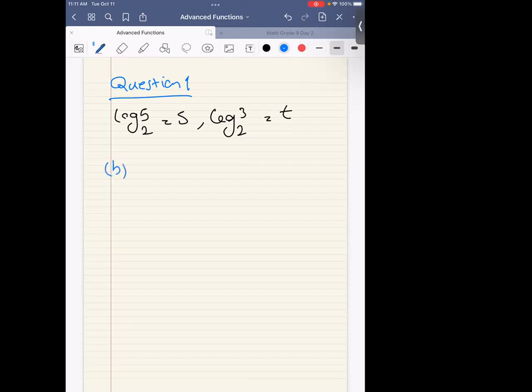For part B, it is log of 0.12. You know that 0.12 is just 12 over 100, right? We have this property of logs that it converts division into subtraction. So log of 12 over 100 is equal to log of 12 minus log of 100.